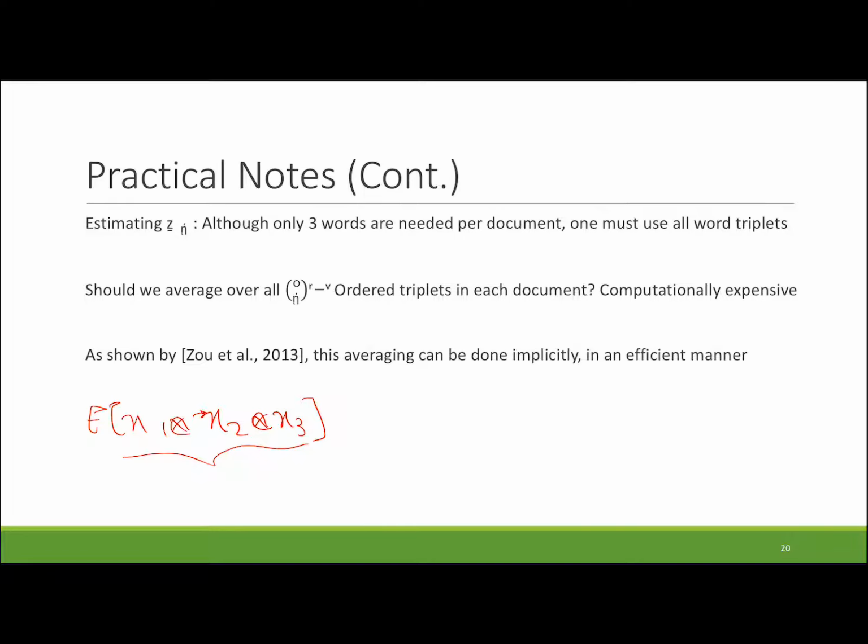And for a document of length L, when L is big, this is not going to be efficient, because I have to compute this over all ordered triplets in that document because of the exchangeability assumption. I cannot just naively form all triplets and average over them. So what do we do?